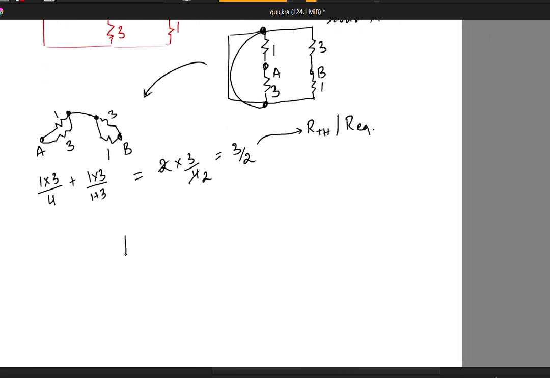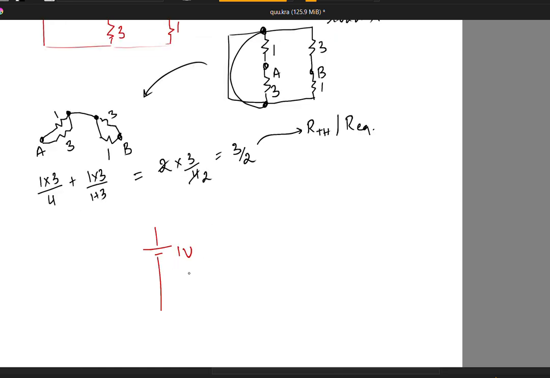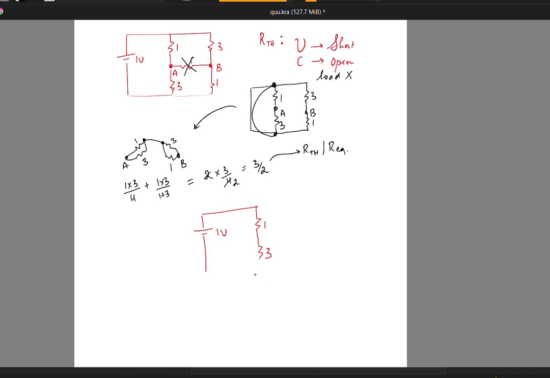Yeah, so you have 1 volt. We'll try using a different color. Yeah, so you have a 1 volt, and then you have 1 ohm, yeah, and then it's simply gone down and you have a 3 ohm here, and it comes over here where you have a 3 ohm, comes over here where you have a 1 ohm, and voila, right?